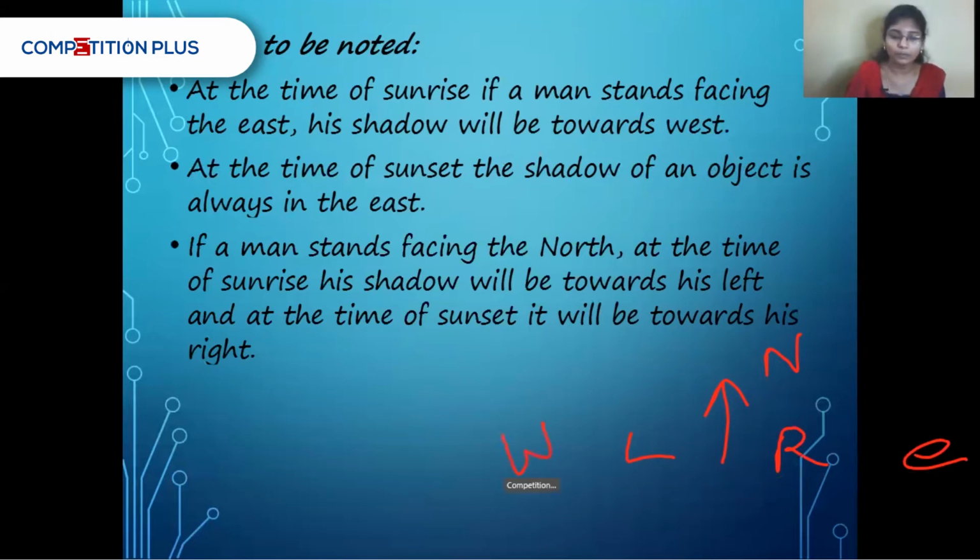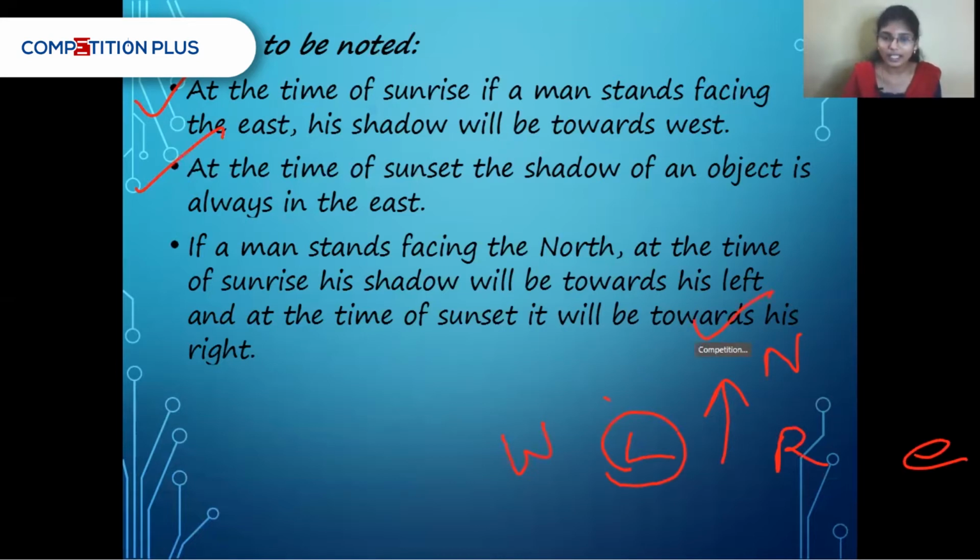As per points number 1 and 2, the shadow will be cast only in the direction opposite to that of the light source. So in the sunrise, which is happening in the east, the light source is in the east and the shadow will be cast in the west. So during sunrise, the shadow will be cast to the left side of a person facing north.